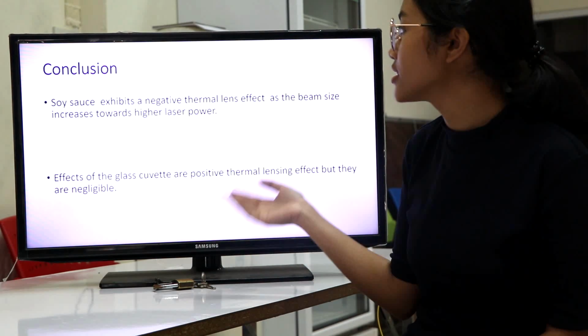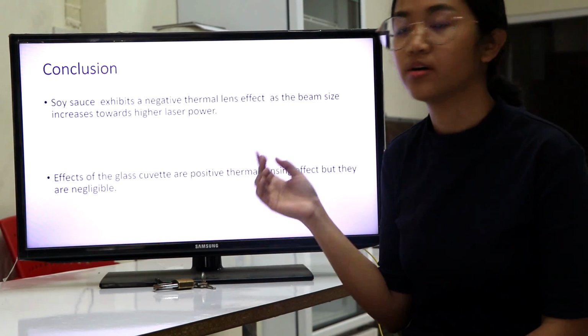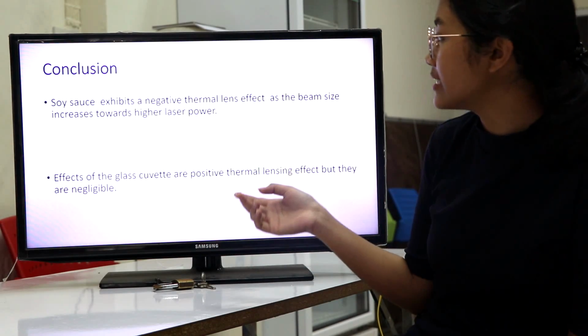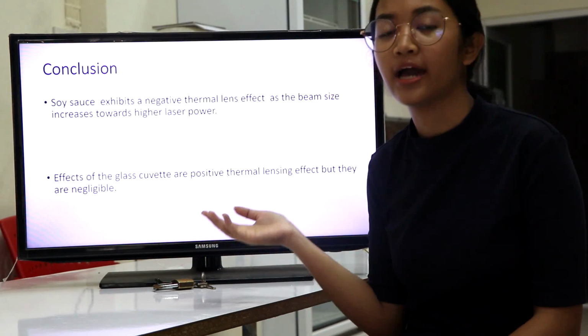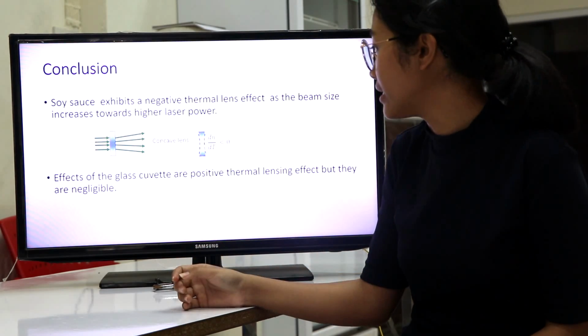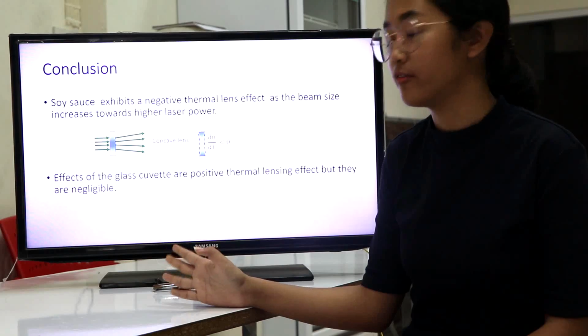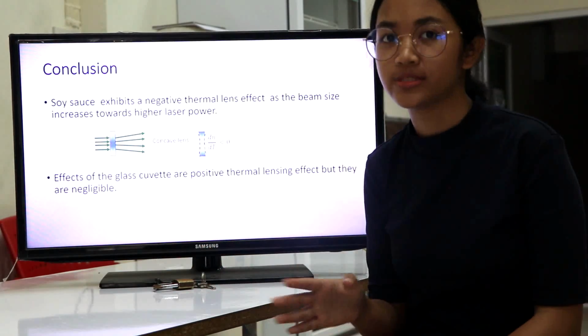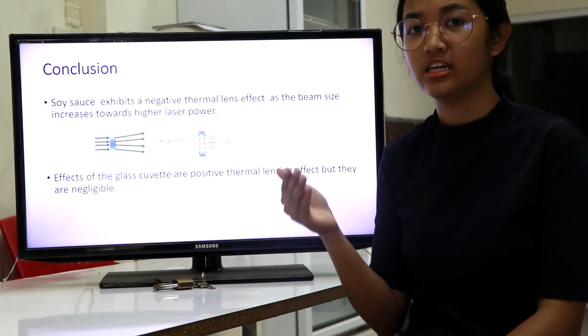Conclusion: soy sauce exhibits a negative thermal lens as the beam size increases toward higher laser power. And the effect of the glass cuvette is a positive thermal lens effect, but it's not distinctive, so it can be negligible.